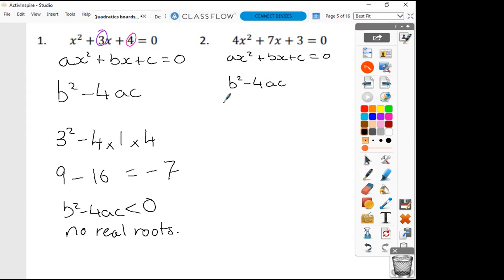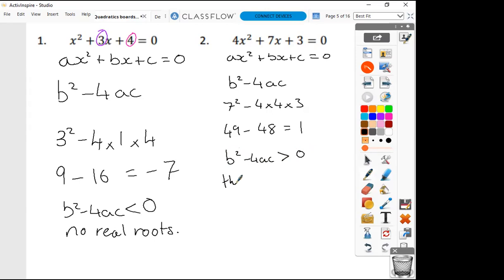B in this case is 7, minus 4 times 3. 49 minus 16 times 3 is 48, which is equal to not 0. It's equal to 1, obviously. Therefore, I can say that b squared minus 4ac is greater than 0.